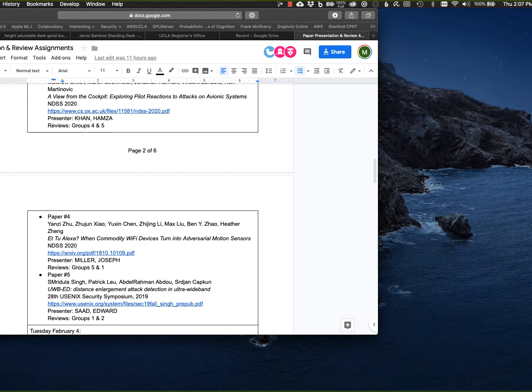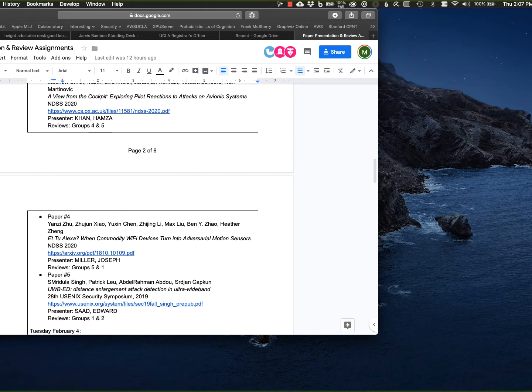So read the instructions in terms of the presentation and all, but for the reviews, I didn't want to swamp you guys with excessive reviews, so it's basically going to be 10 reviews over the course of the quarter out of 25 papers. To distribute them evenly, I've assigned students into groups, and for each paper I have listed which group has to do it.